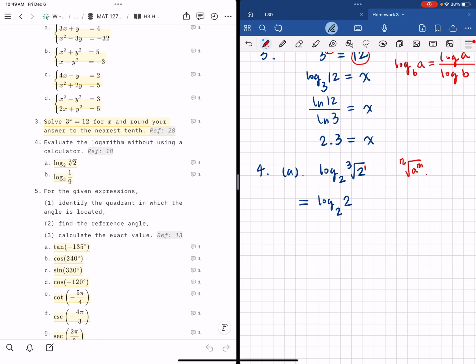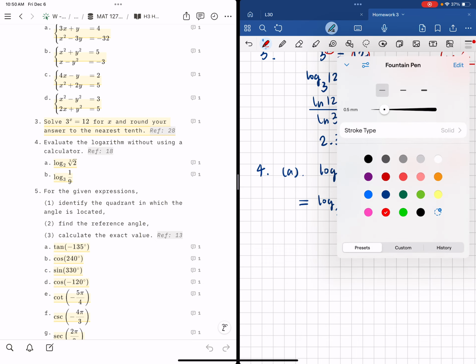You have an exponent inside, and you have the nth root outside where the index is the n. Then we can write it as a rational exponent where the base is a, and then you're going to use the exponent inside divided by the index outside. So it's a to the m over n. This is the formula that I'm going to use.